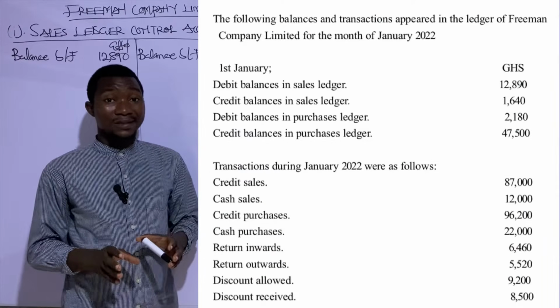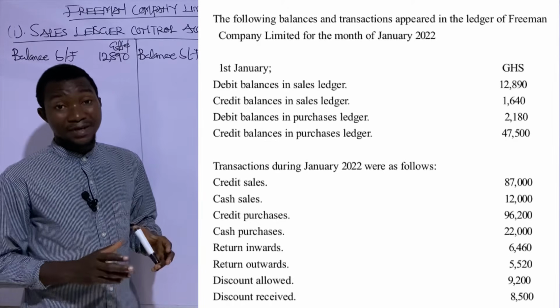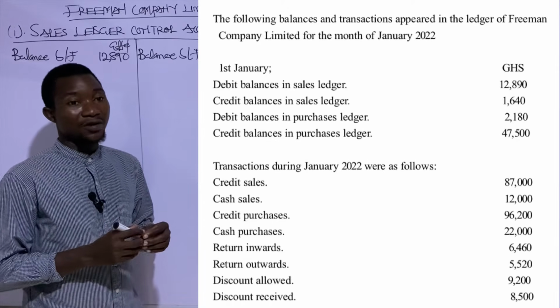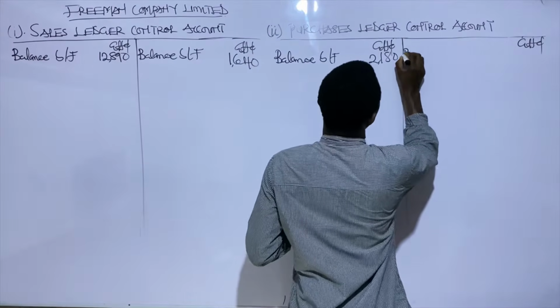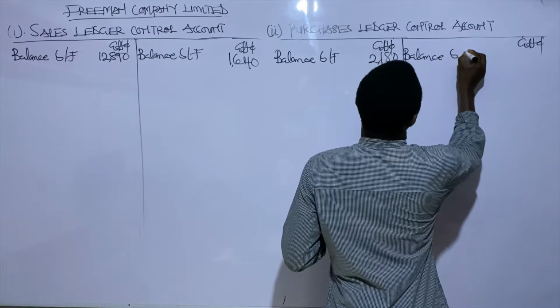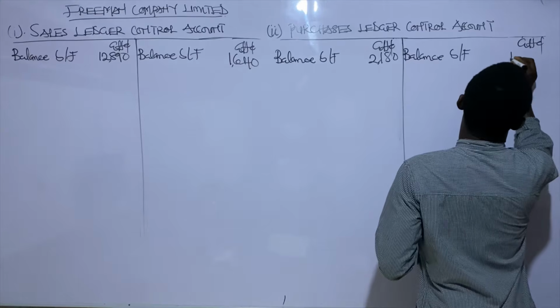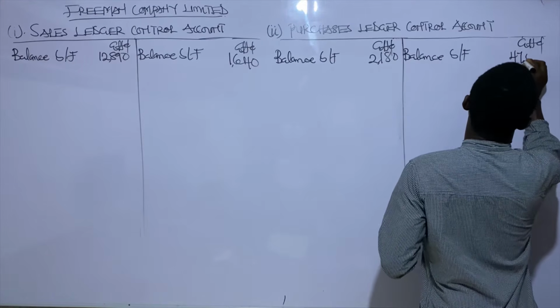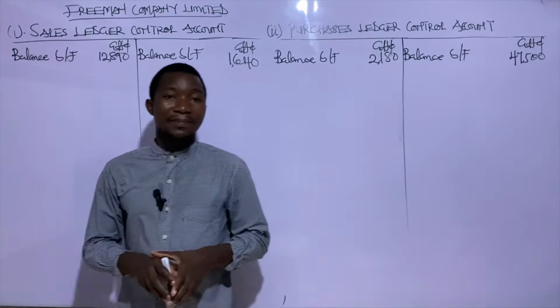From the question, the next item says that credit balances in the purchases ledger is 47,500, a credit balance. So we have balance brought forward, 47,500. Good. So these are the opening balances.